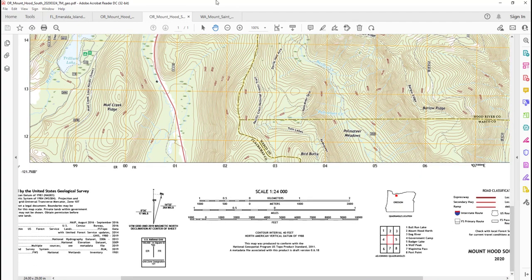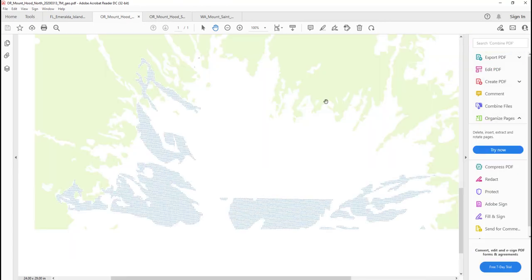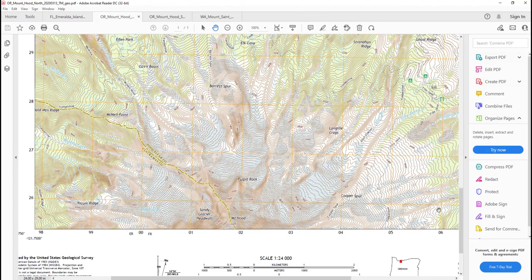That's Mount Hood North. I happen to have that one right there, and there's the rest of Mount Hood now on the south side of this map. Very handy thing. If you're working in the field and you realize, wait a second, I'm going to run off of this map, get the other map. Make sure you have it. You can order these as paper copies from the United States Geological Survey, or you can download them like I've done here.